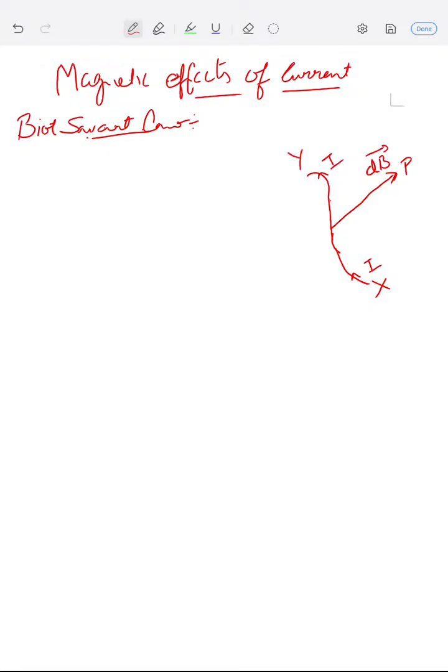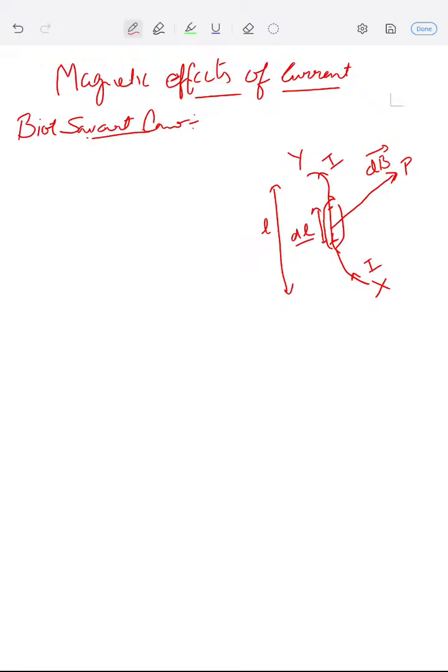The magnetic field is produced at point P, and we have chosen a small element called dl. This is the length of the conductor L. We have chosen a small element, and that small element length is dl.